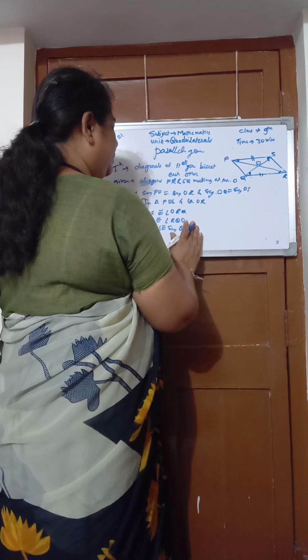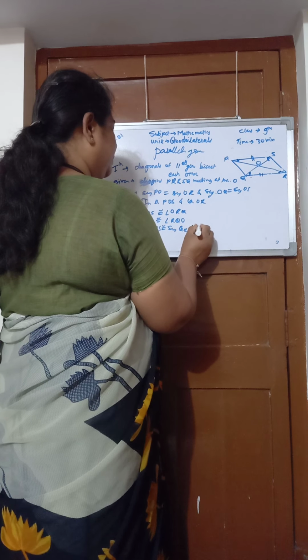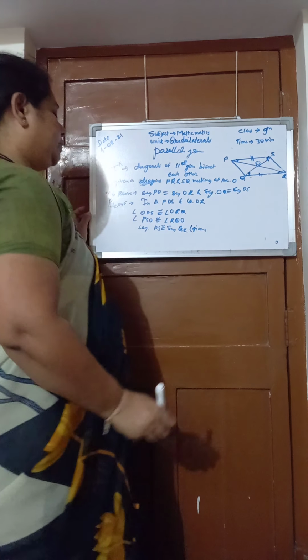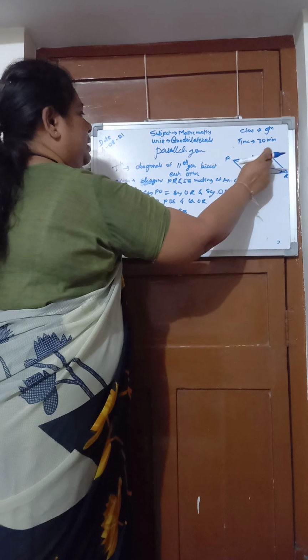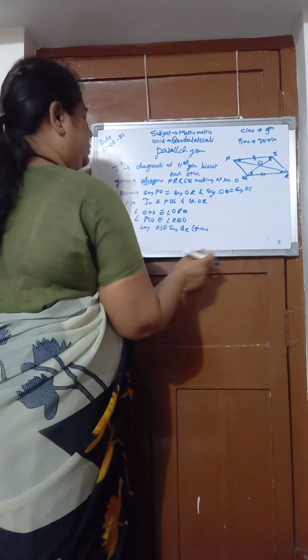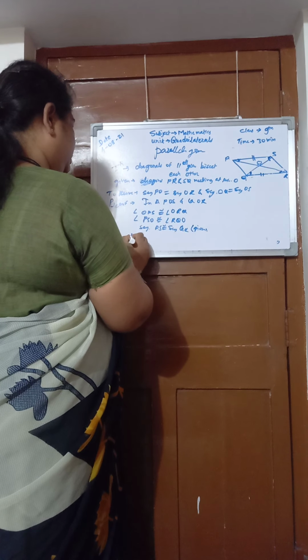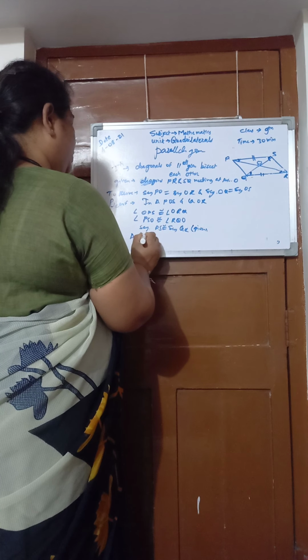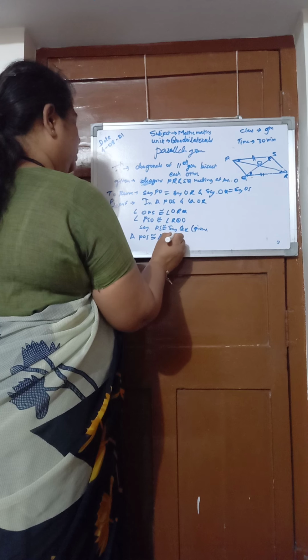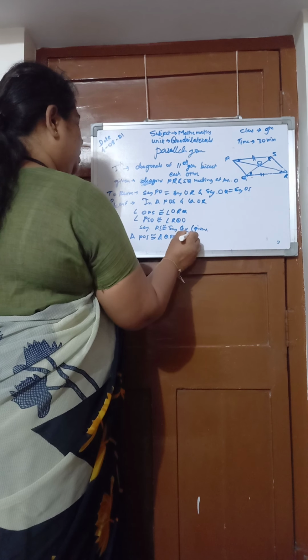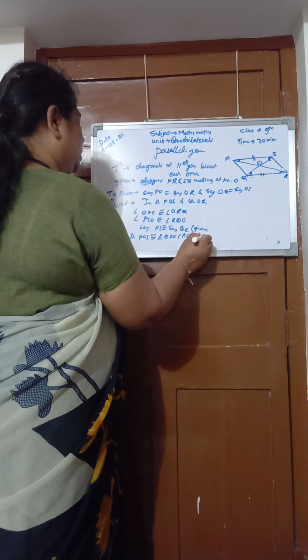It is given, and it is a parallelogram. Then by using the ASA test, triangle POS congruent with triangle QOR, ASA test.